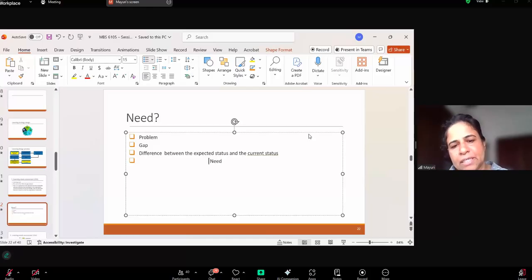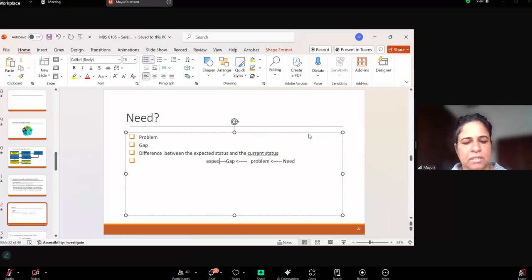Need is a problem. Problem is a gap. Gap is the difference between expected versus actual.